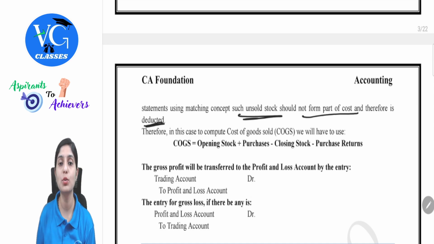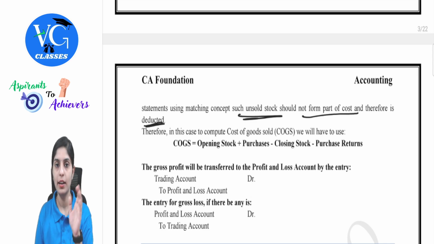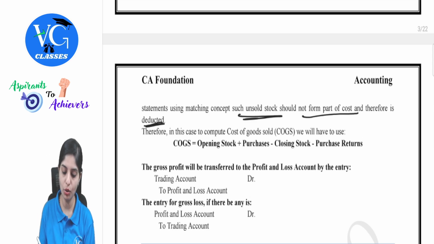Matching concept reflects what? As we just observed, you will have to match current year income with the current year expenses. Now closing stock is something which is not at all consumed this year. That is, you are not at all making any revenue by using that for sales, correct? So therefore, based on this concept, this unsold stock should not form part of cost.